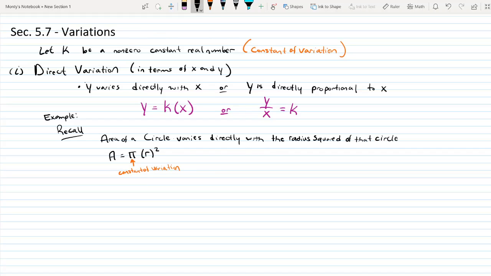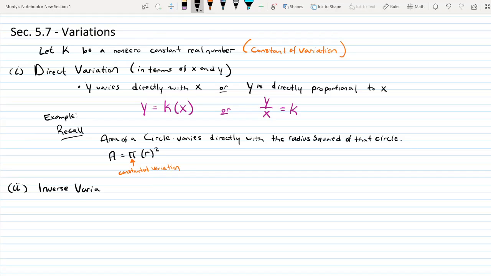So that's just an example of a direct variation, hopefully giving some meaning to this constant of variation. Okay, so let's go ahead and define the second variation, and this is inverse variation.